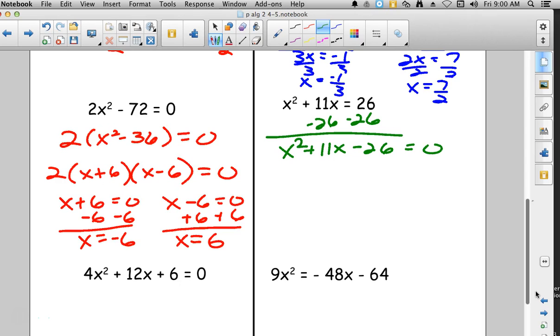Okay, so good old-fashioned factoring. 2 numbers that multiply to negative 26 and add to 11. Heard a couple people say it. What are they? Yep, negative 2 and positive 13. Multiplies to negative 26, adds to 11.